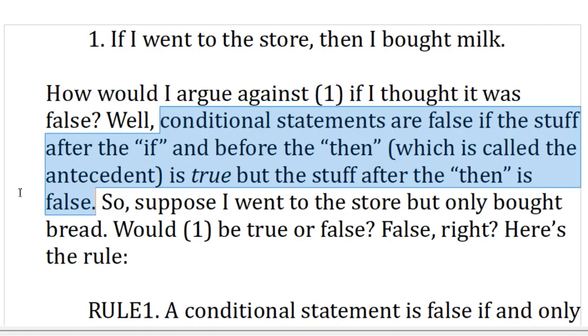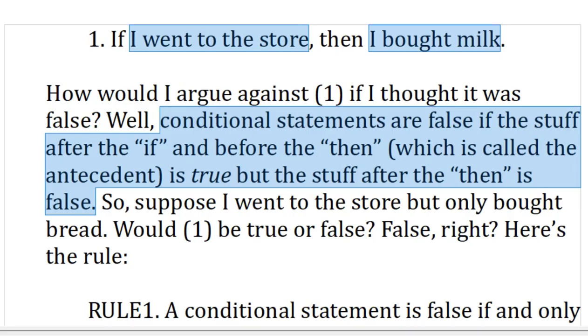It might be intimidating. You might be really confused. Let's just look at this. It'll be pretty intuitive once we see. What I said there is that if the stuff in between the if and the then is true, but the stuff after the then is false, then the whole conditional is false.